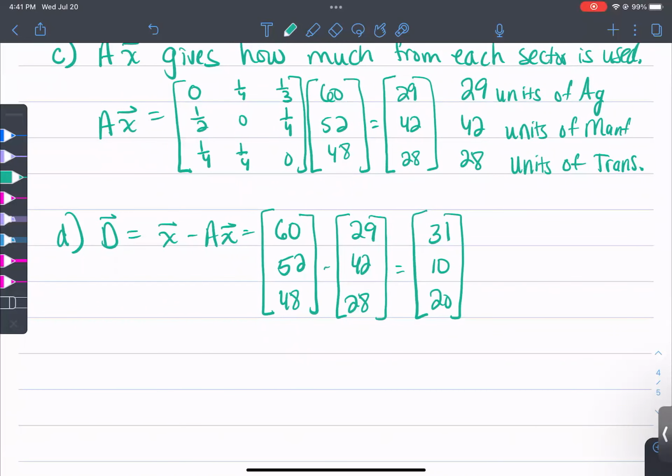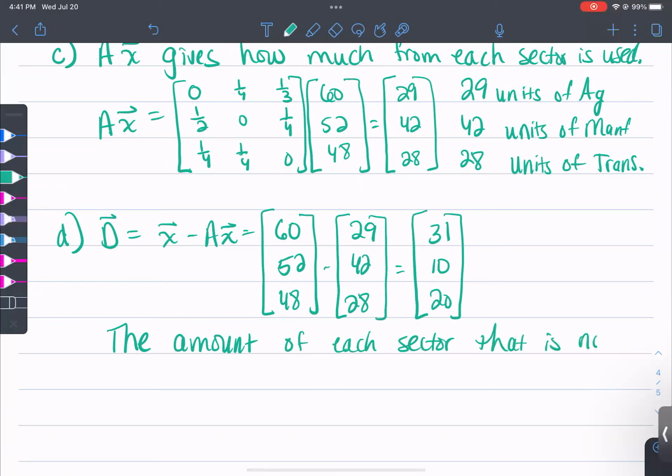So that's telling us the amount of each sector that is not used in the production process.